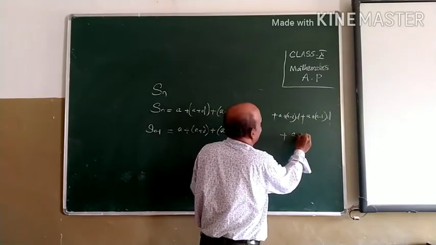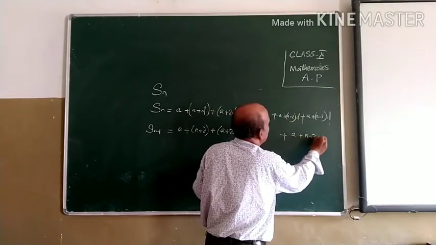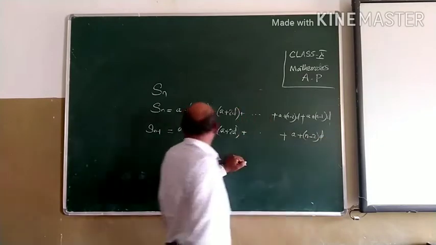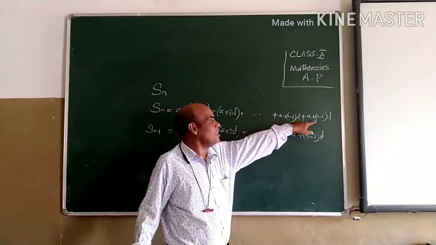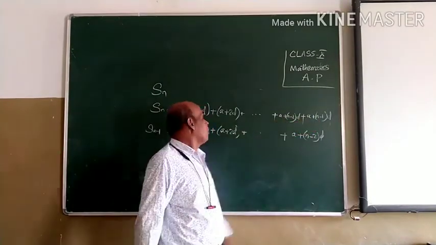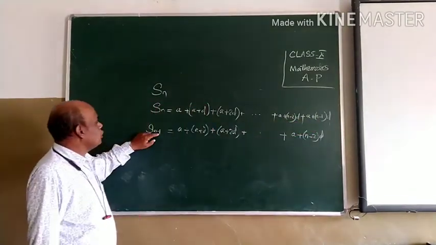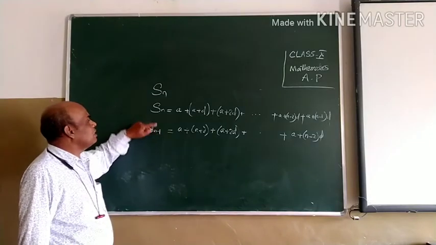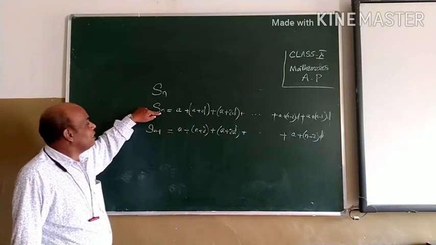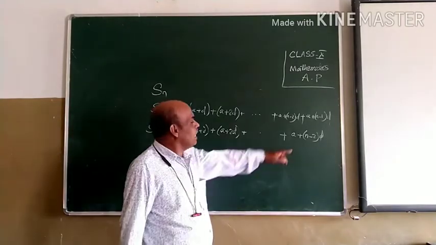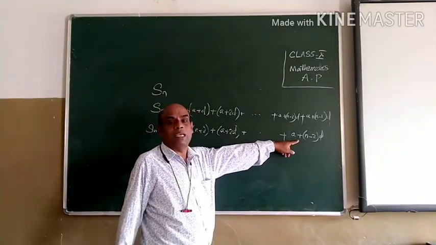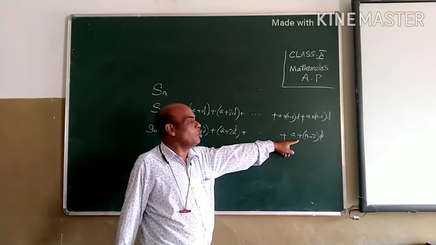So we write a plus n minus 2 into d. Because here are n terms, the last term is a plus n minus 1 into d. But here there are n minus 1 terms, meaning one term is less than in the first equation, so the last term will be a plus n minus 2 into d.